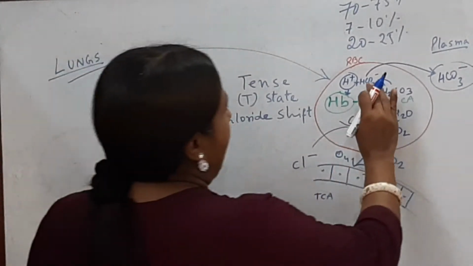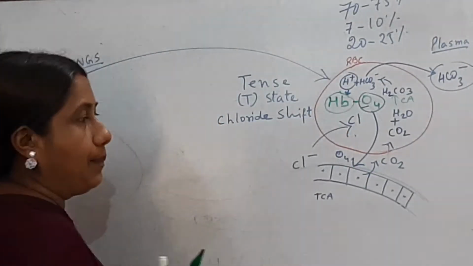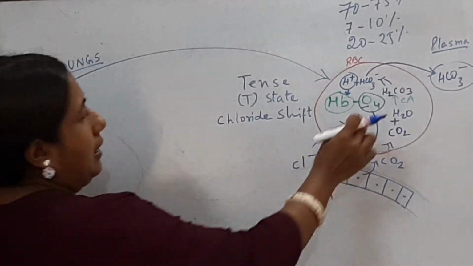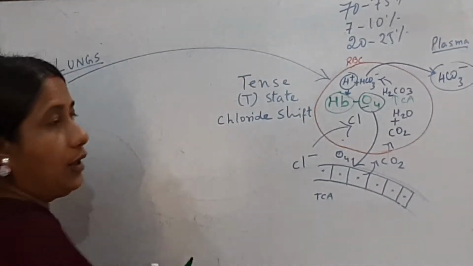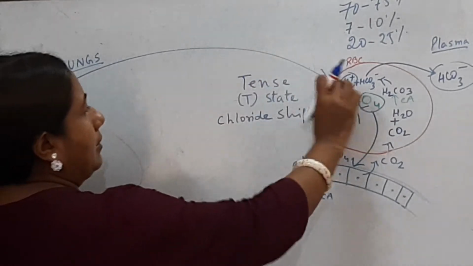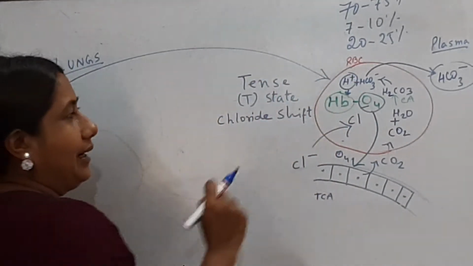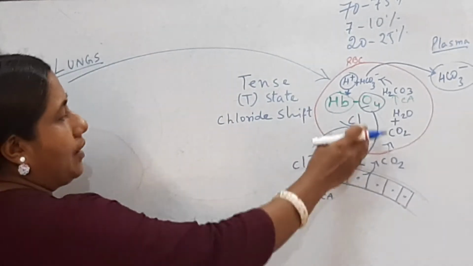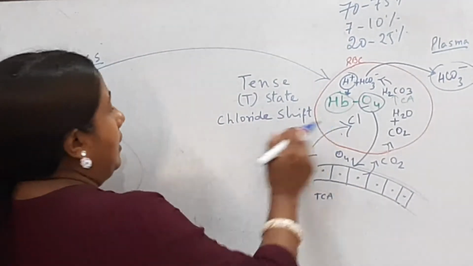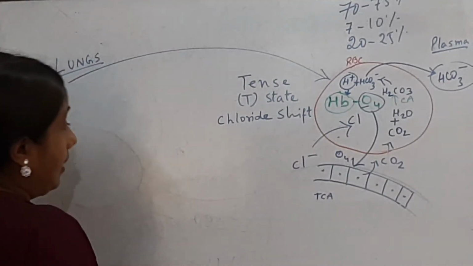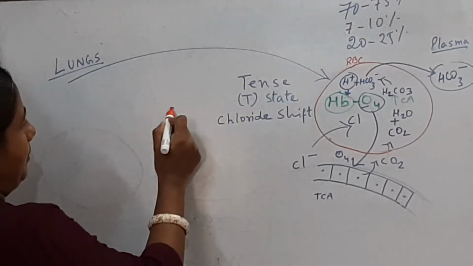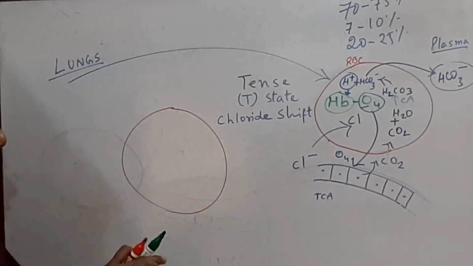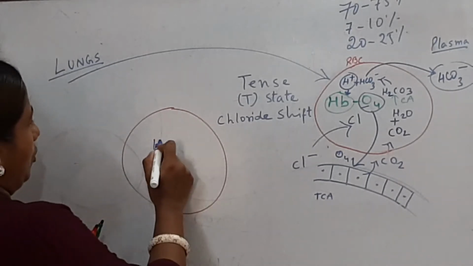So what happens, as this bicarbonate ion leaves the plasma, the chloride ion comes in, which is called chloride shift. The proton binds with the hemoglobin, it brings the hemoglobin to the tense state, and the oxygen dissociates and diffuses into the peripheral tissue. Now this RBC has the hemoglobin within it.